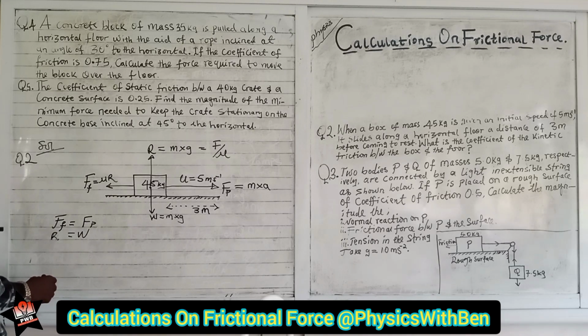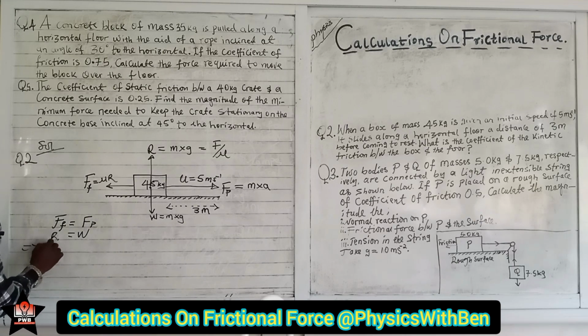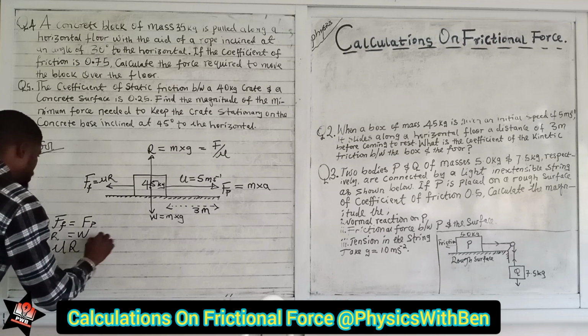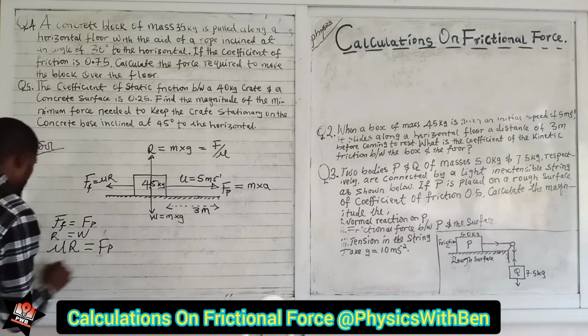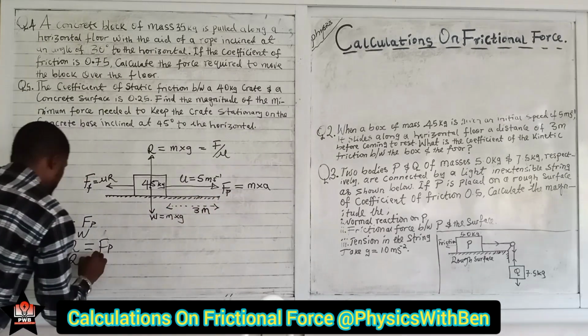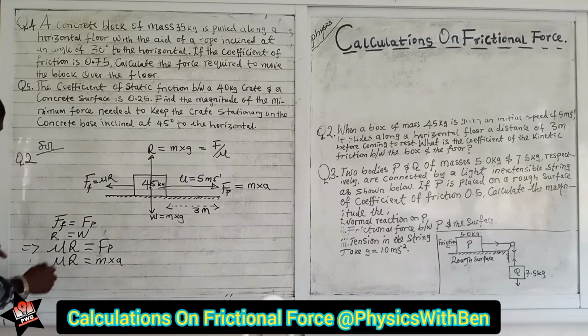So we are going to find our friction. We are going to equate our mu R to be equal to the pull force. And in this case, our mu R also means our pull force is mass times acceleration.